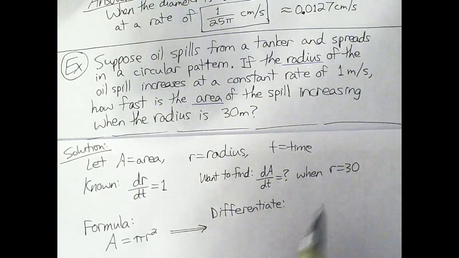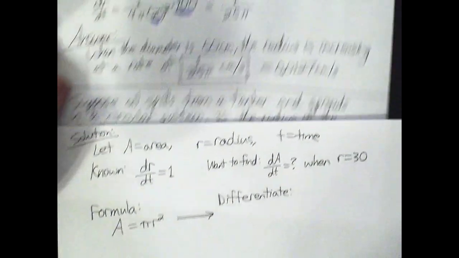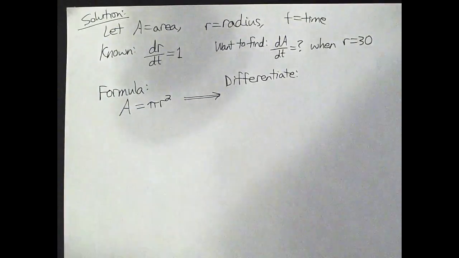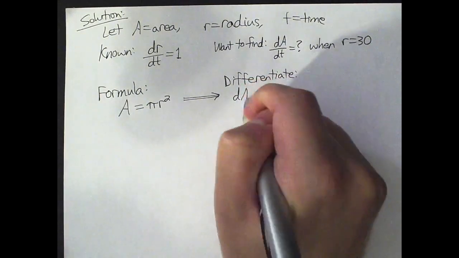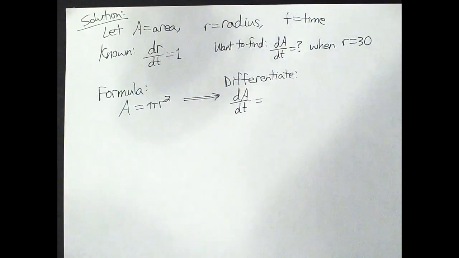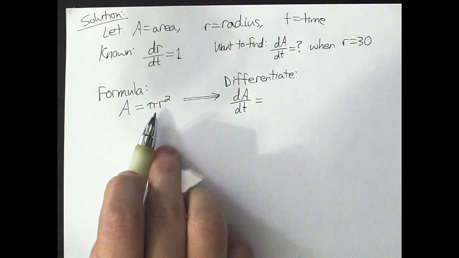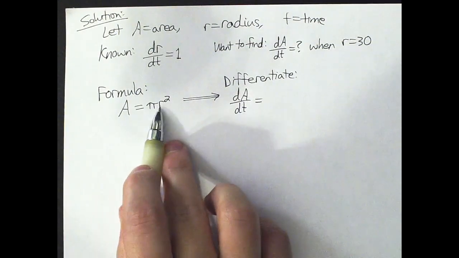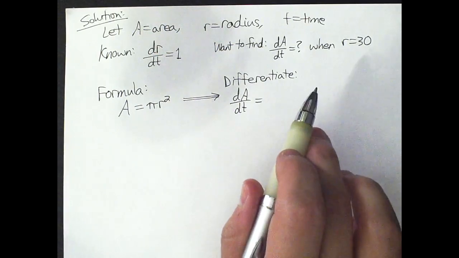Differentiate implicitly. We want to do d/dt of both sides, right? Now I think I'll move the other page away. We've got our formula, d/dt of both sides. The left-hand side is dA/dt. On the right-hand side, pi is just a constant. Don't forget that. Pi is just a number, around 3.1. So what's the derivative of r squared? It's going to be 2r times dr/dt.